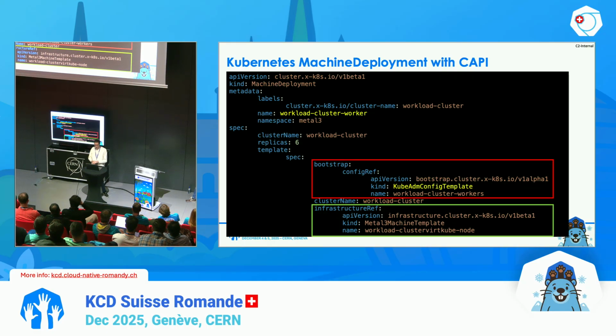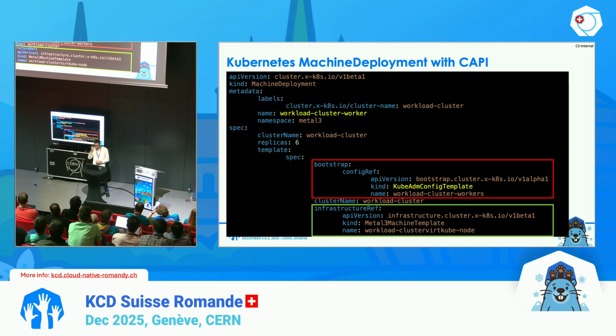The config ref is used to tell ClusterAPI how to configure the node so that it is visible within Kubernetes. Since we are looking at a Kubernetes worker machine deployment, there is the kubeadm config template, which is responsible for running the kubelet on that node.